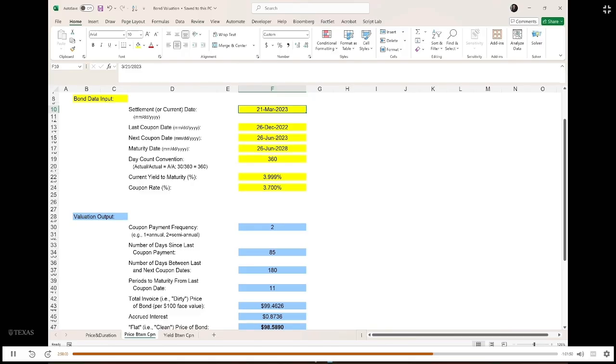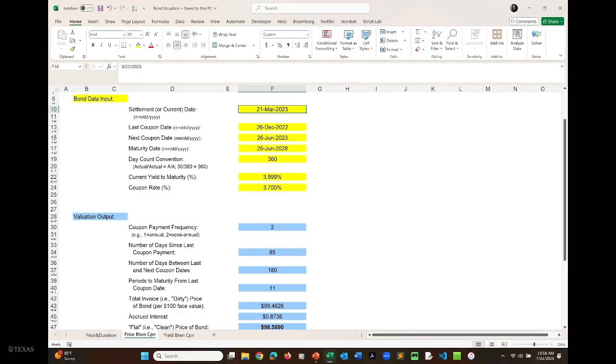It's set up so you can value your treasuries or corporates. The 360 is the corporate convention. Yield to maturity, coupon rate, and it does all the calculations for you: total invoice price, the accrued interest, and then the net is the flat price.